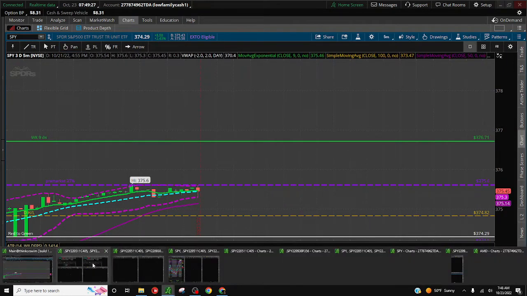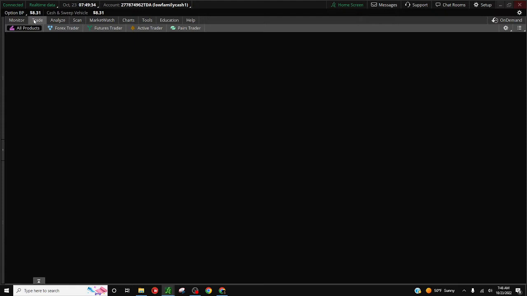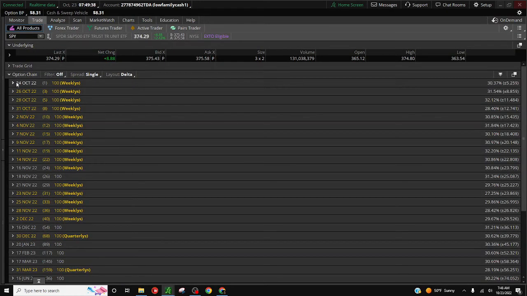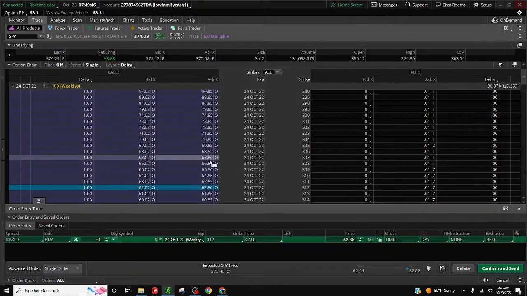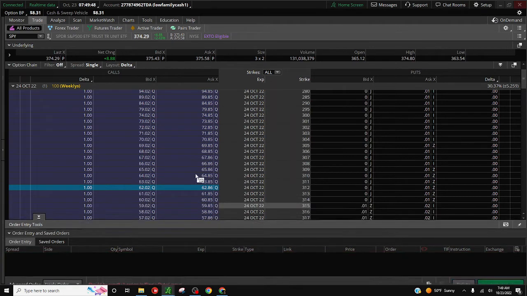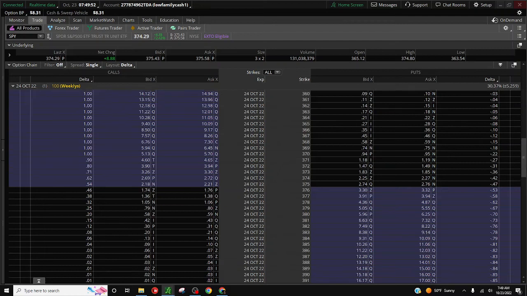If I'm doing option prices, if I'm looking at this Monday on SPY, oh, it's not letting me pull it. Okay, here it is. We know that the puts lost a lot of value.